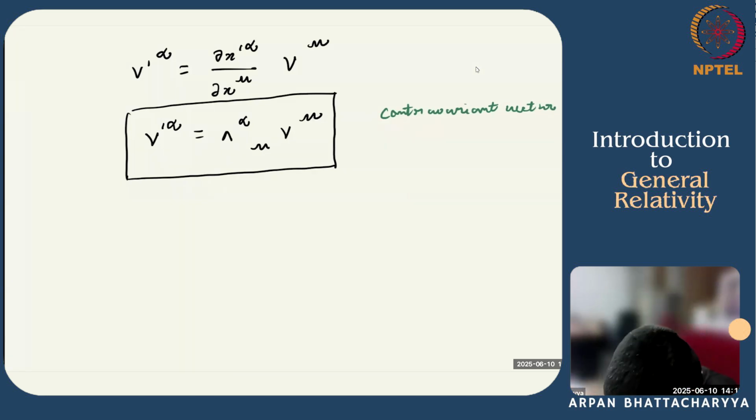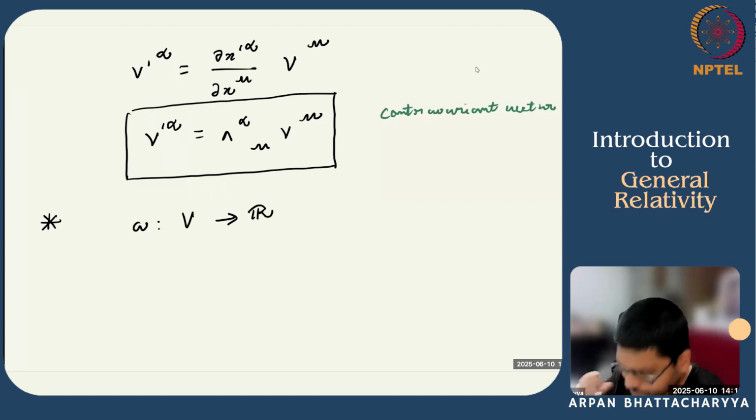Now from linear algebra, we know that given a vector space, we can associate a dual space to that by defining a suitable map. So let's consider the following map omega, which takes a vector to produce a real number.